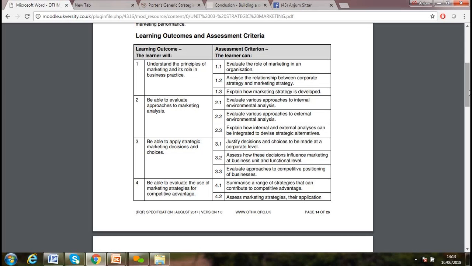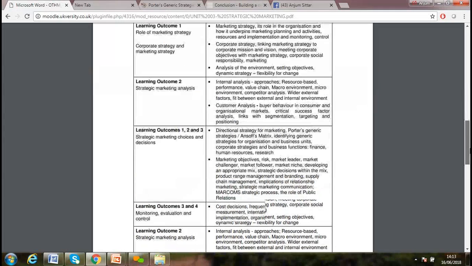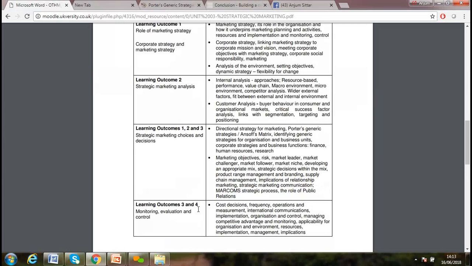We discussed the VRIO model, and we discussed mass marketing communication. We discussed the promotion mix, and how different promotion mixes work. We discussed the Ansoff matrix: existing product in existing market, new product in new market, market penetration, and market development. All these things we explained and discussed.